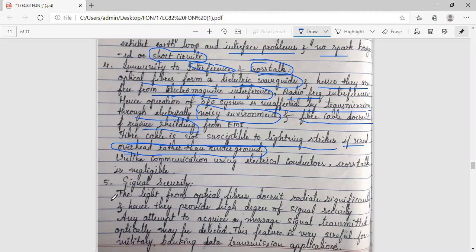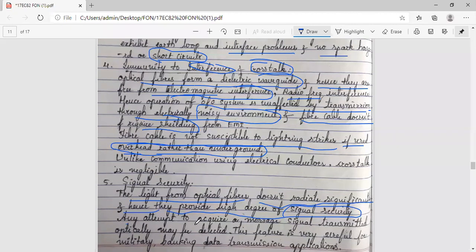In the case of optical fibers, the light does not radiate significantly, and hence they provide a high degree of signal security. So security is more in optical fibers than in conventional cables.